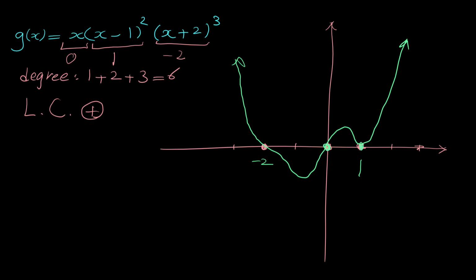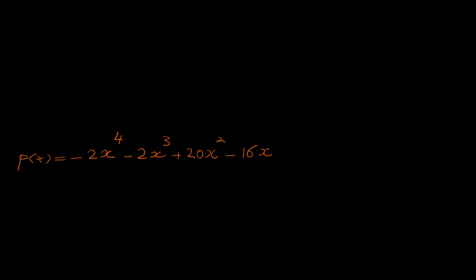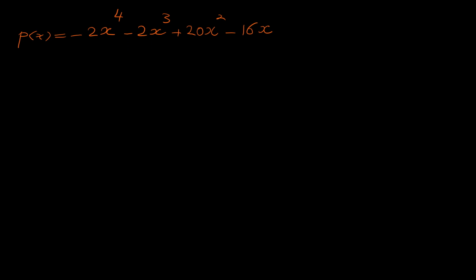This is a usual root. We cross the x-axis as usual. And about negative 2, as you can see, we go toward negative 2. We get a little flat like this. Then we continue going down.